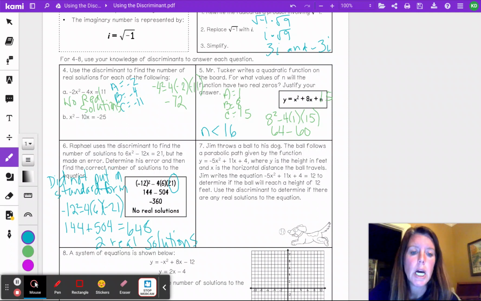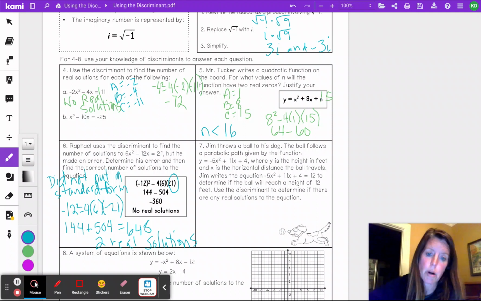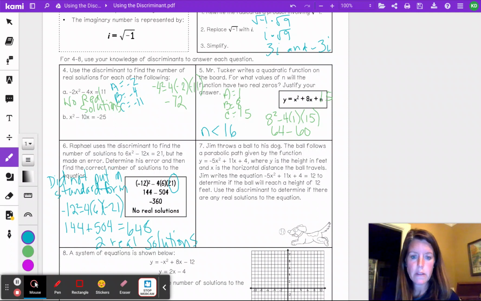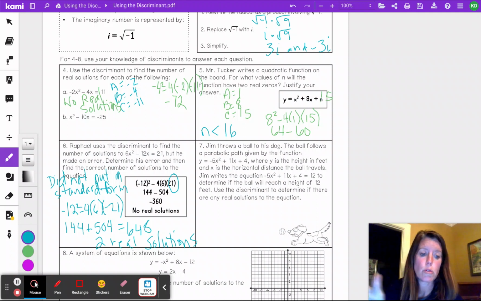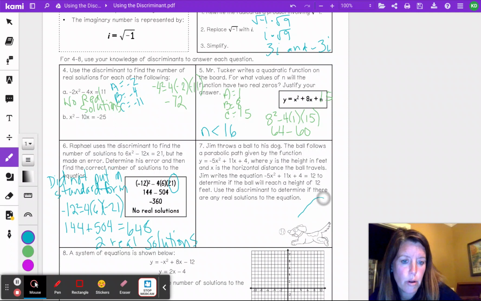He's gone to sleep. The ball follows a parabolic path. So a parabola goes up and down when he throws the ball, given by this function where y is the height in feet and x is the horizontal distance that the ball travels.